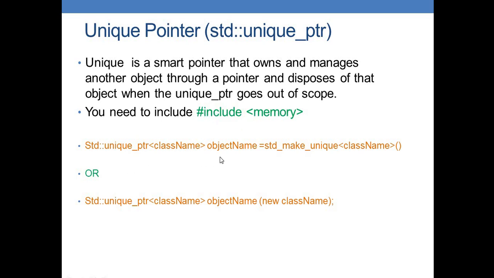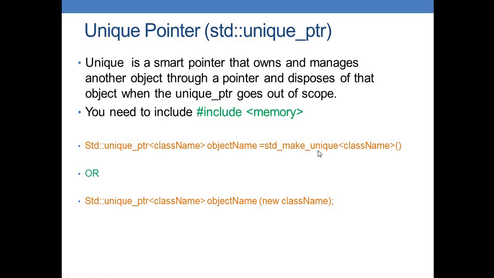And how will you create a unique pointer? So std::unique_ptr, the class name, and then the object name equals std::make_unique, the class name and the parenthesis. It will create your unique pointer object.